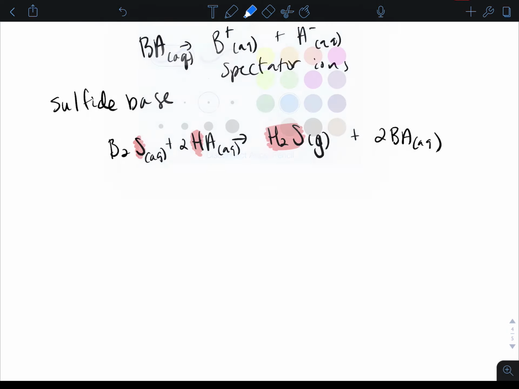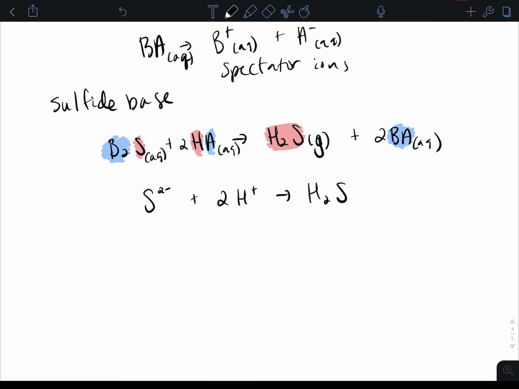And then we have our cation and anion producing our salt. So again, we have an S2 minus plus 2H plus going to H2S as our net ionic equation.